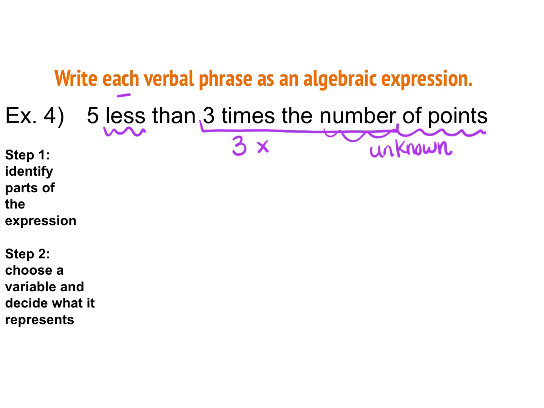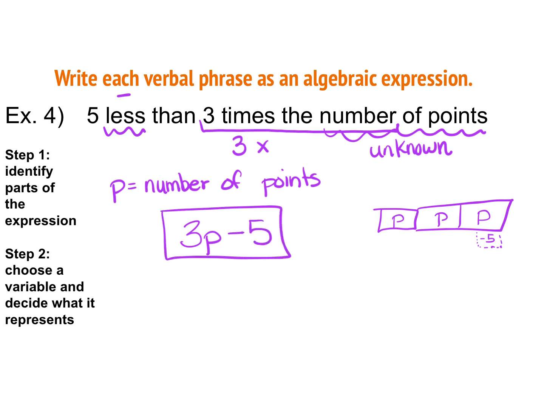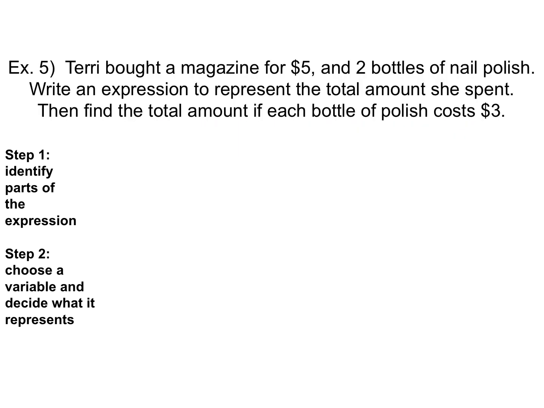I'm going to put P equals number of points. And then I have 3 times that. So I'm going to have 3P. And then I have 5 less than that. So what does that mean? I have 3P's and then I have 5 less. So I have to take away 5 from the 3 times the number of points. So that means I have to do 3P minus 5. And that's my answer.